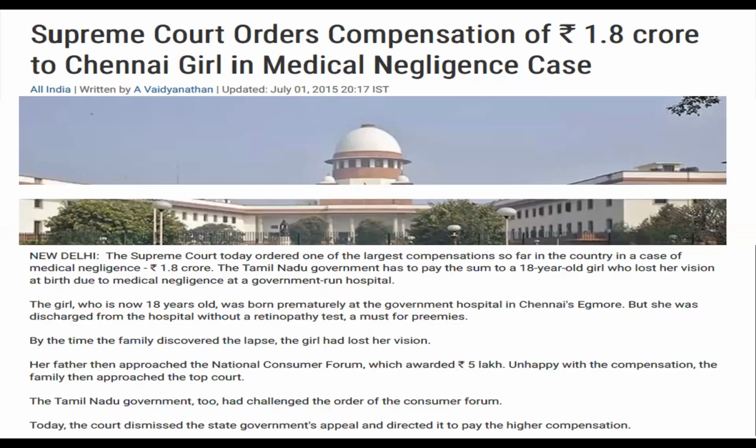Okay. So this was a landmark judgment where a compensation of 1.8 crore was given to an 18-year-old girl who lost the vision because ROP screening was not done for her.